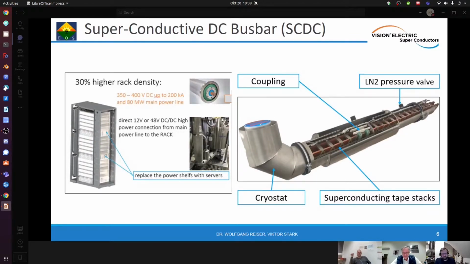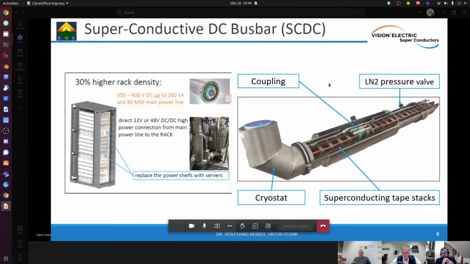If you look at such a single line diagram, how would the superconducting busbar look like? The picture on the right side here is a superconducting busbar. That's our system. We call it IceBar. And this is the system that we installed in the chlorine plant that we mentioned before.